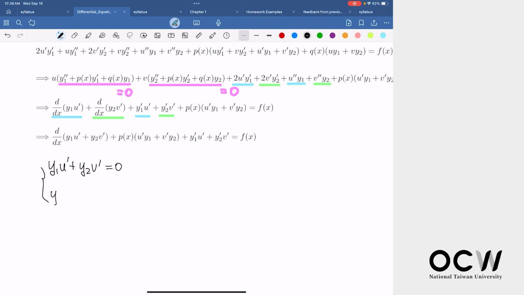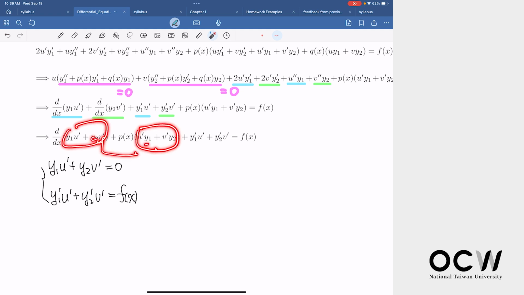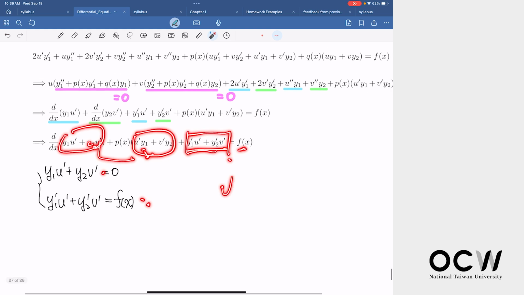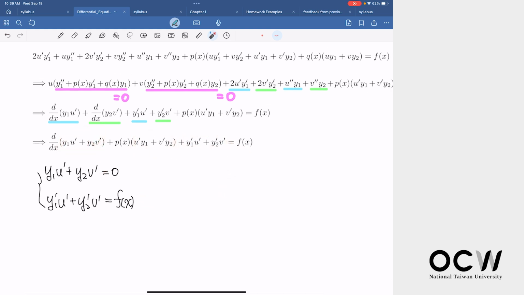And also y1 prime u prime plus y2 prime v prime equals, not 0, the forcing term f of x. Okay, you can see that this is the same. I set it to 0. That'll be easier if this is 0 and the rest is the forcing function. Then that will satisfy this equation.